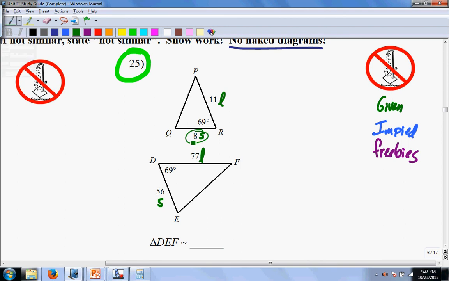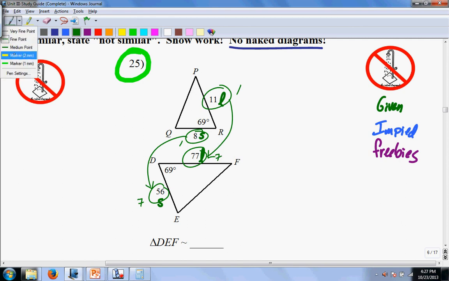So circle the 8 and circle the 56. Let's check out. 8 does go into 56 7 times, so this is a 1 to 7 ratio. Circle 11, circle 77, let's check that ratio out. 11 goes in here once, and 11 goes in here 7 times.